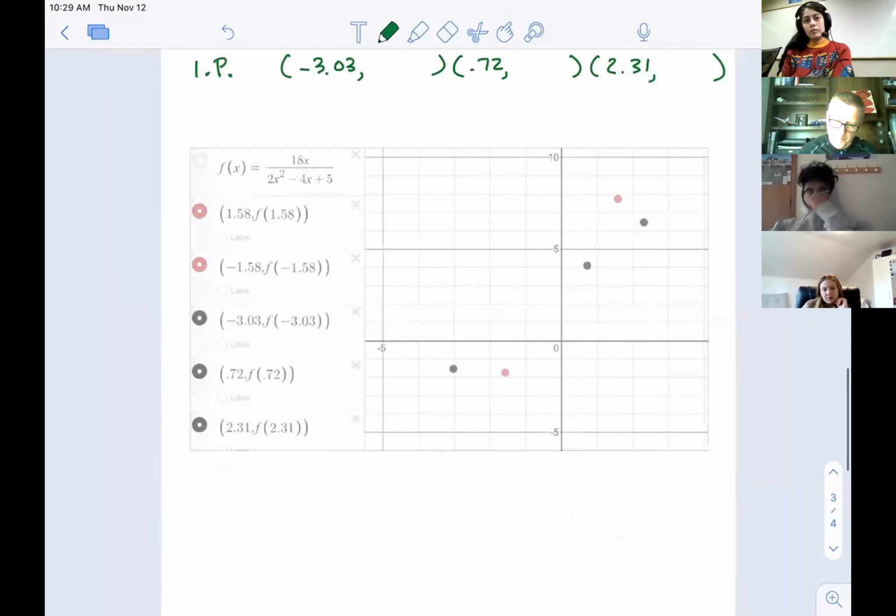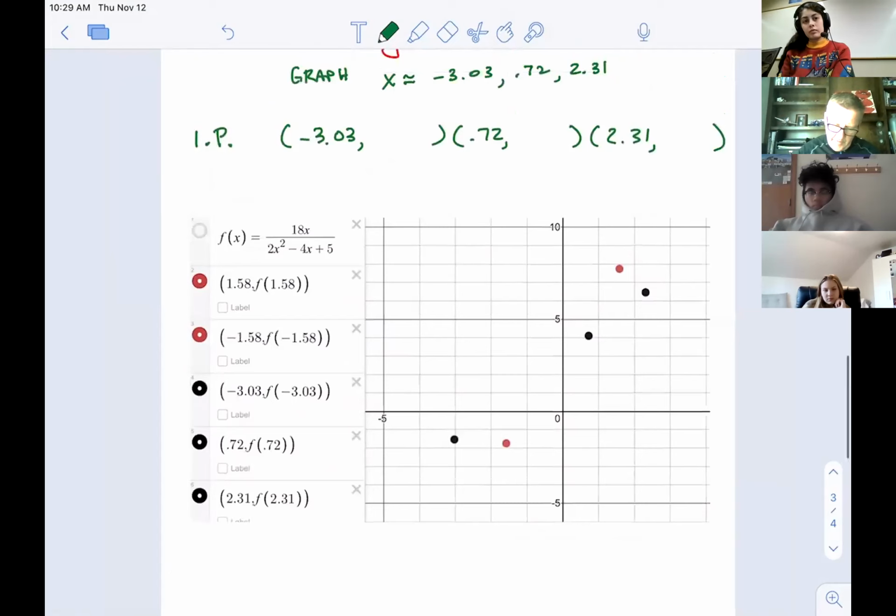Oh, that is beautiful. So just so it's written down in the notes, I saw that negative 3.03 came out with negative 1.54 as its y coordinate, and 0.72 came out with about 4.08 for its y coordinate, and 2.31 was 6.64. I'm sorry, 6.46.